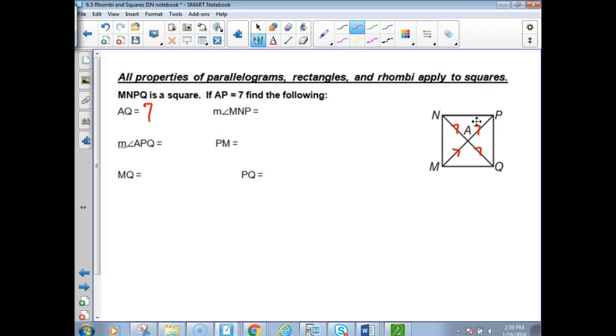Angle MNP. The corners are 90. APQ is one of those, and those angles are cut in half. It's half of 90, so these are both 45. So angle APQ is 45 degrees.